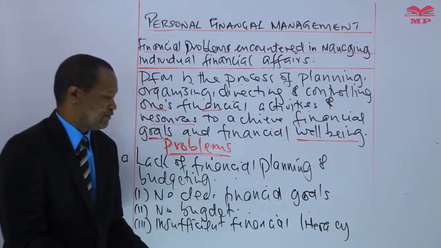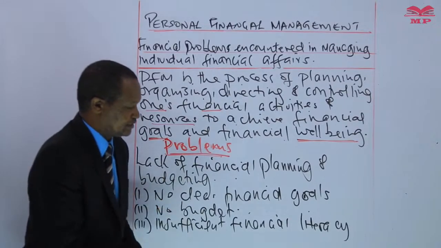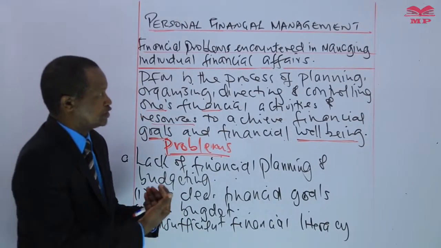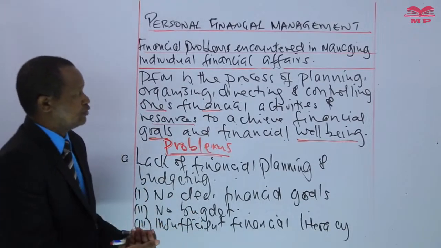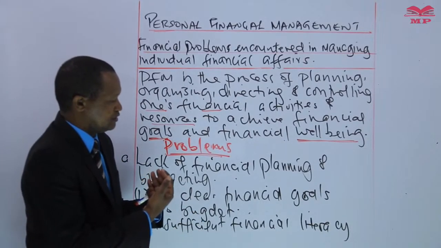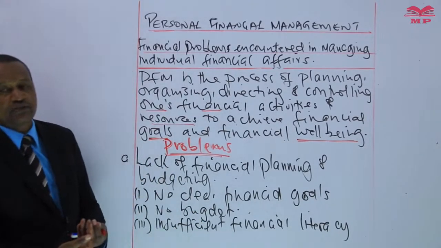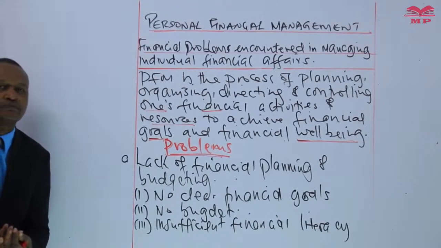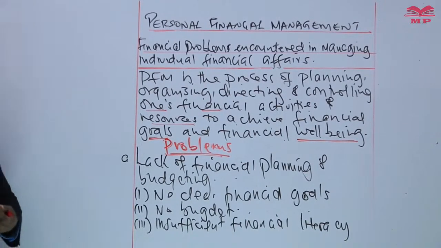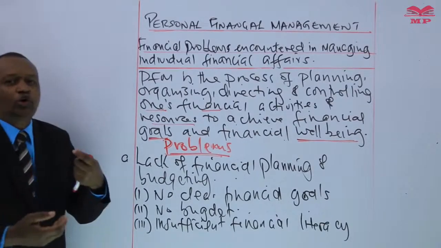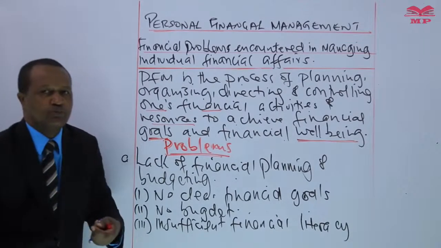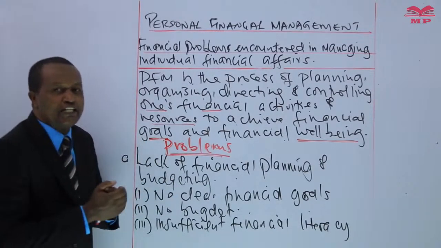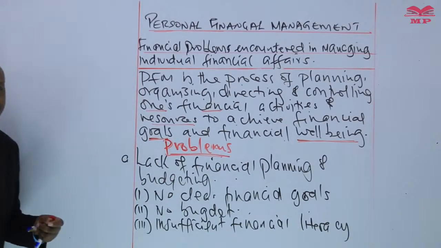Individuals may not have the necessary financial knowledge in order to make sound financial decisions. You understand? Not possessing the knowledge and skills to manage money effectively can lead to poor financial decision making.